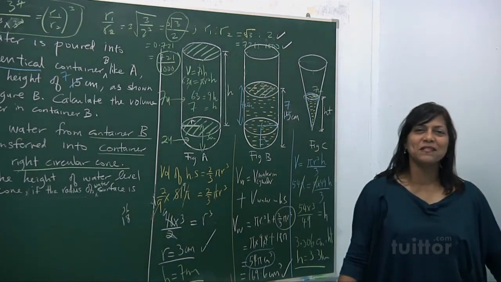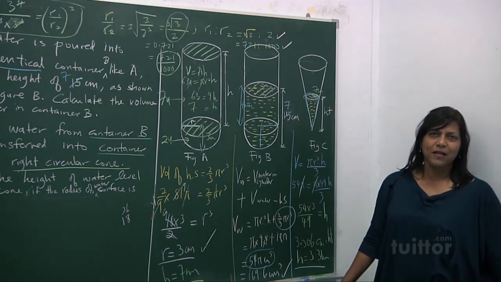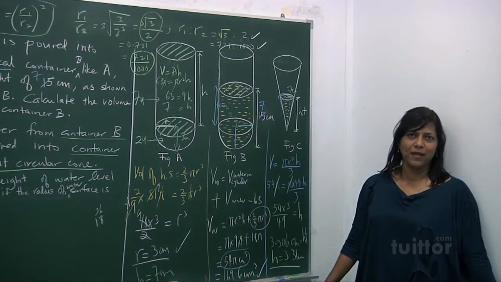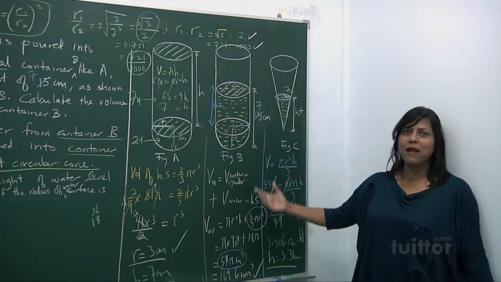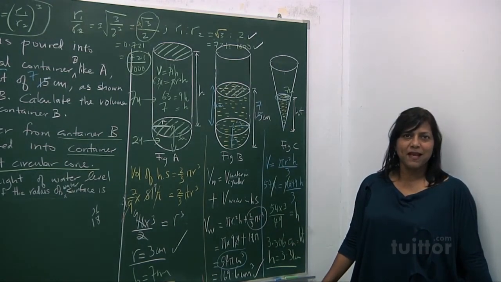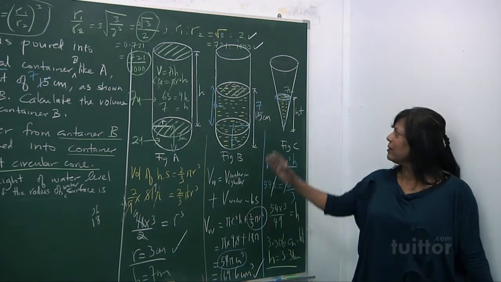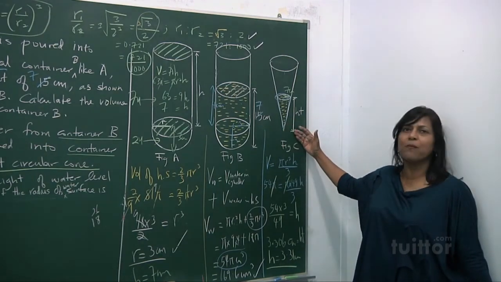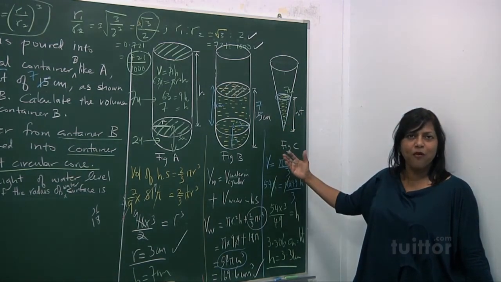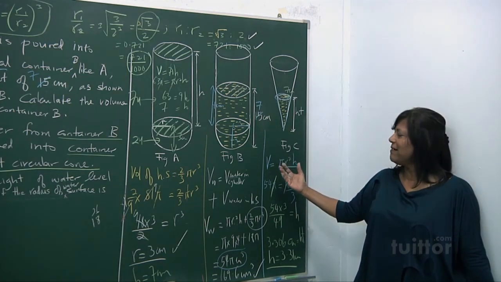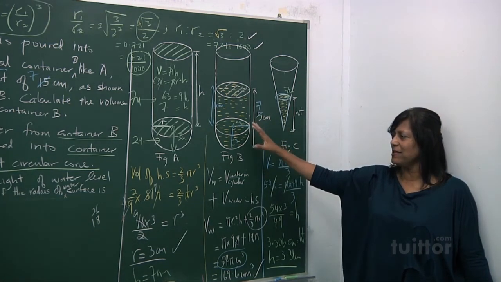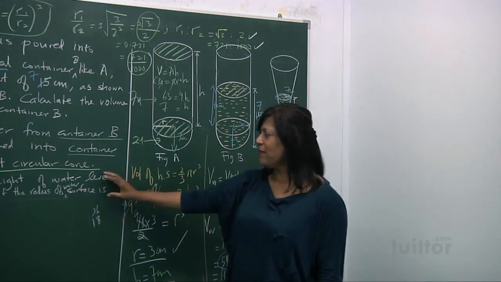Alright, in volume there are lots of calculations involved, and being careful is one thing. I've got to remind myself too sometimes, it's very important to look at what you're looking at and get the formulas right. You fit in the wrong formula, you get the wrong thing. And understand the question. They said, find the water level of this cone.